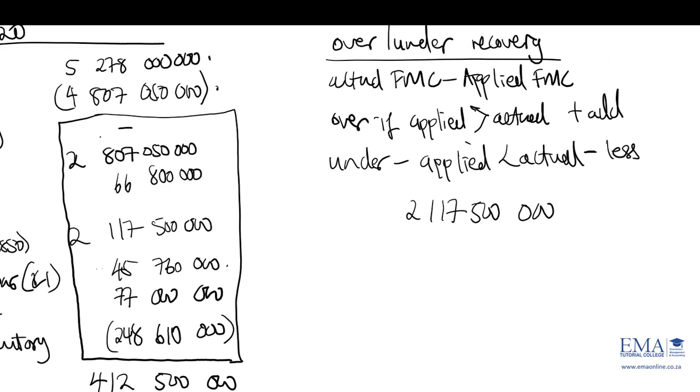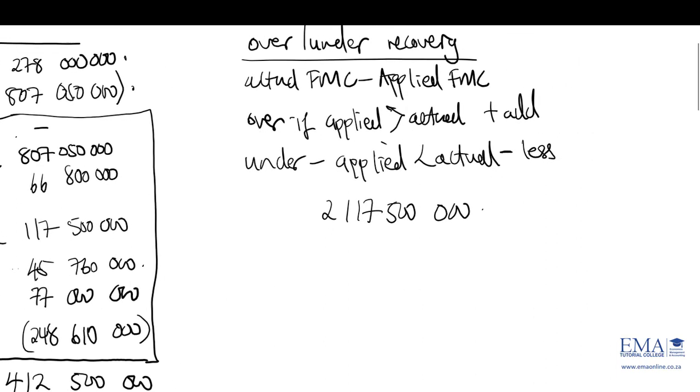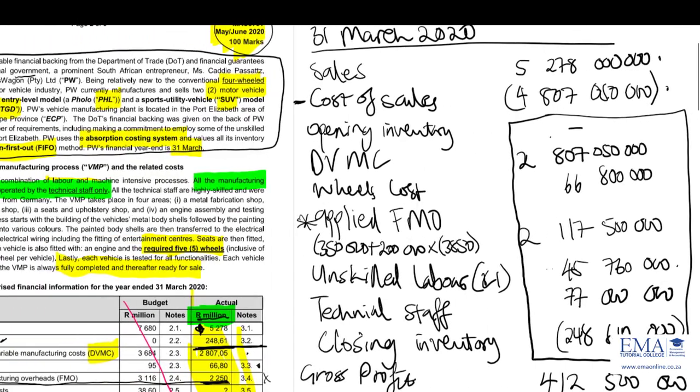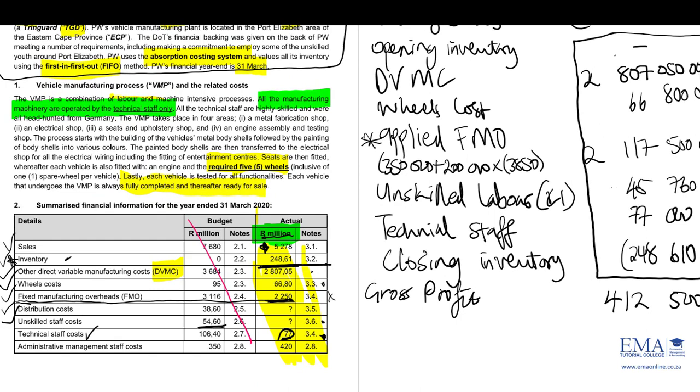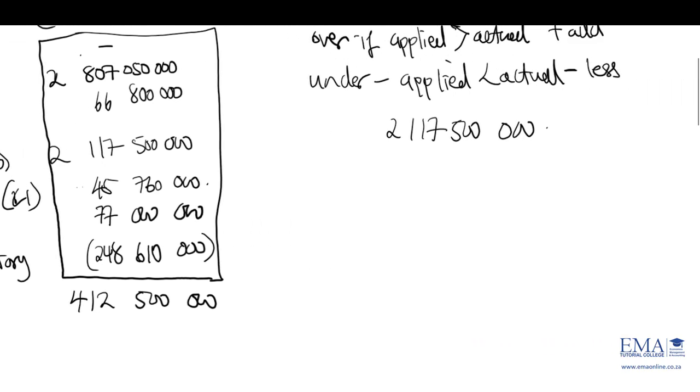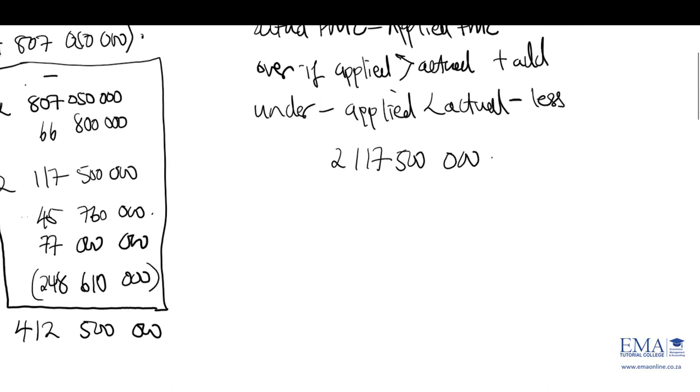So looking at this now, comparing it with the actual. Our actual was how much? It was given in the statement as how much? This is our actual fixed manufacturing overheads. They were 2,250,000,000.